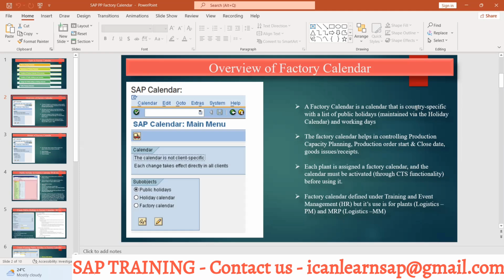Now we talk about whether the factory calendar is going to be country specific or region specific. Region does not mean just Maharashtra as one state, Tamil Nadu as one state, Andhra Pradesh as a state, or Punjab and Haryana as different states. Yes, those are states, those are regions.